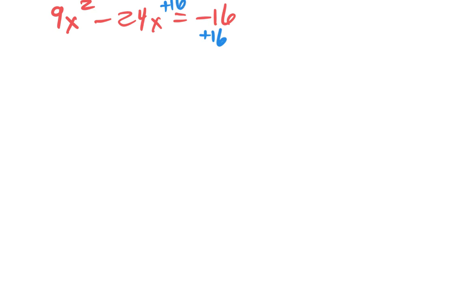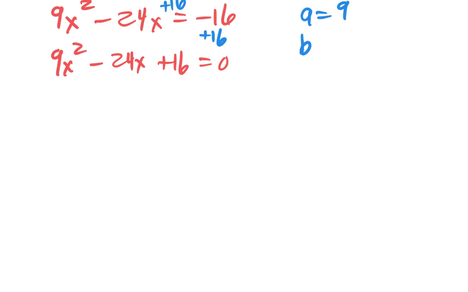That gives me a new equation of 9x squared minus 24x plus 16 equals 0. So A equals 9, B equals -24, C equals a positive 16.